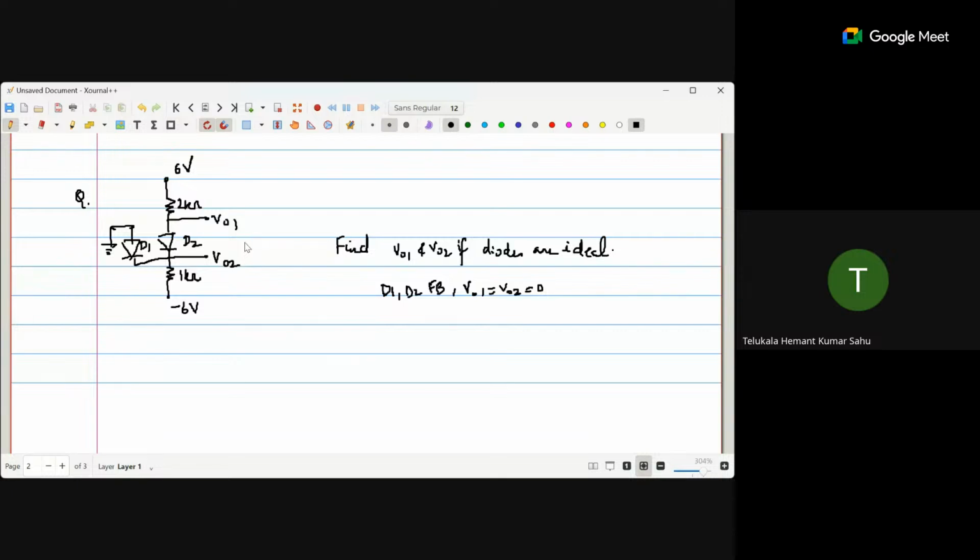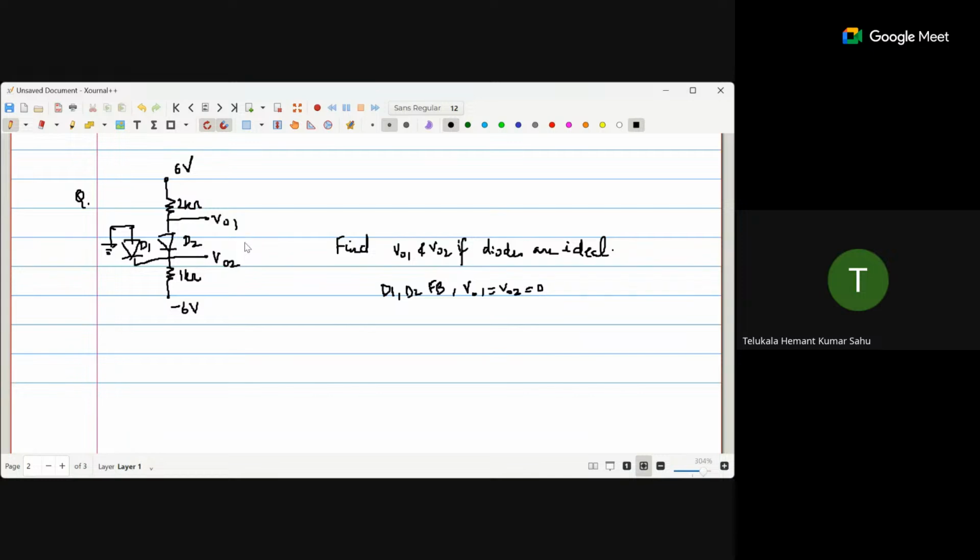So total 12 volt is coming in this path. So the voltage of V02 according to that will be minus 6 plus 4 volt, because the voltage across 1 kilo ohm will be 4 volt. So minus 6 plus 4 will be minus 2 volt, V02.